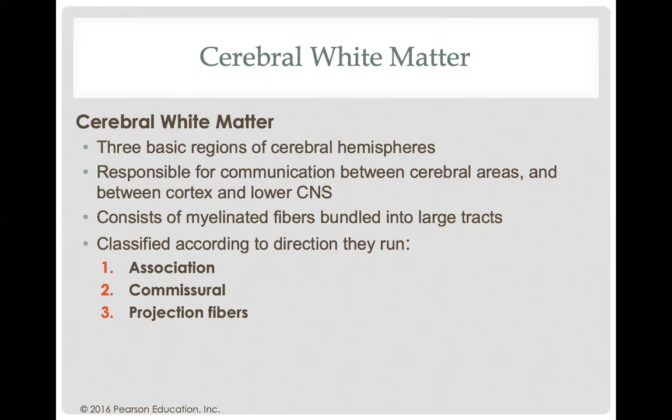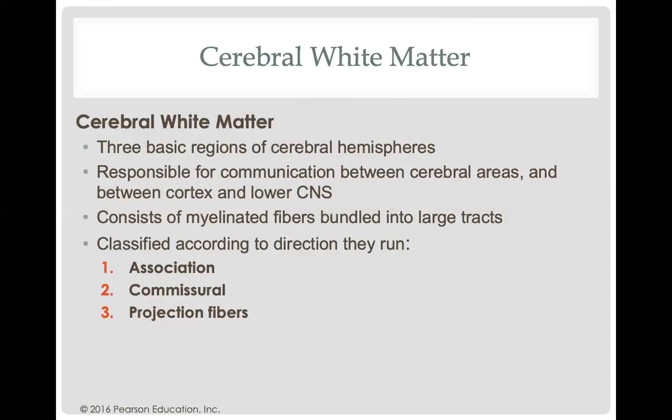It is important to keep in mind that these axons are the way that the neurons communicate with each other. In terms of communication, we have 3 classifications based on the direction the white matter runs. So bear with me.